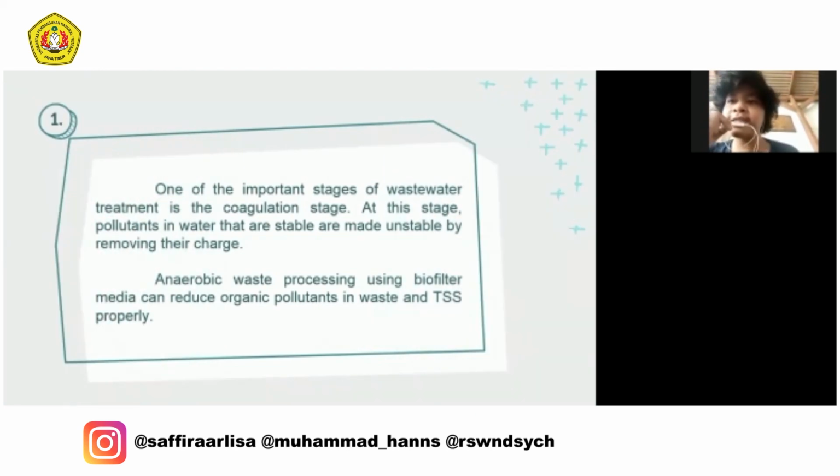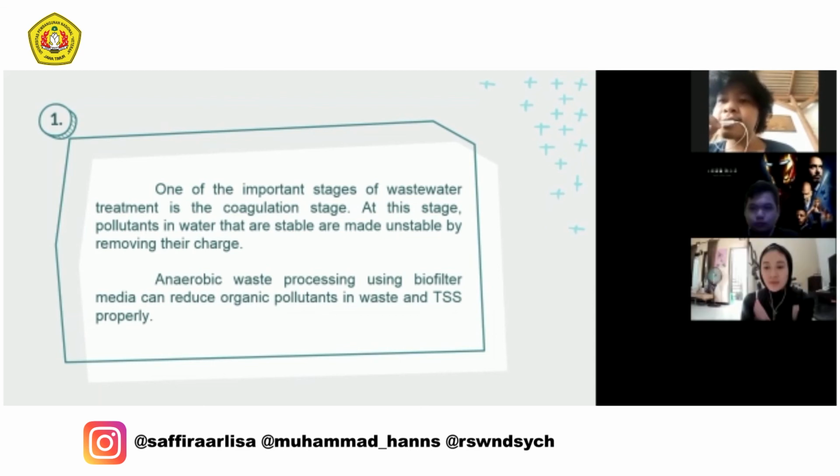One of the important stages of wastewater treatment is the coagulation stage. At this stage, pollutants in water that are stable are made unstable by removing their charge. Anaerobic waste processing using biofilter media can reduce organic pollutants in waste and TSS properly.